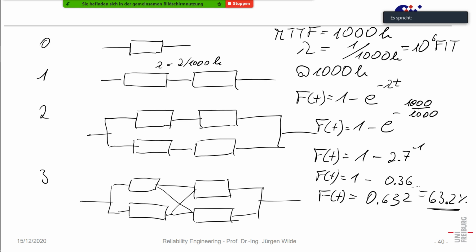So f of t at 1,000 hours is now, you put that in here. E to the 1 divided by e is 0.63. You take its square. What is it? Yeah, let's say 0.15 or so, yeah?